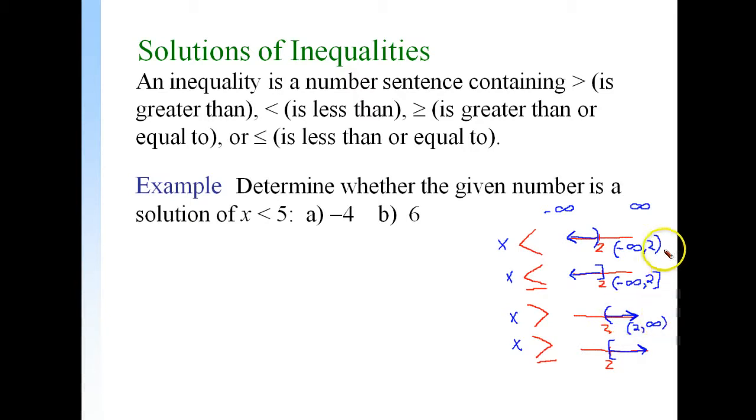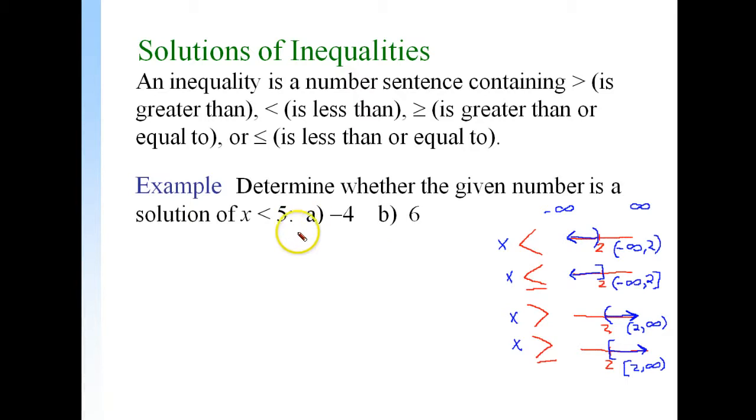Again, infinity always has a parenthesis. And this one, a bracket, 2, comma, positive infinity. Okay, so this is something I would have had on the board, and I did on the whiteboard when I did this lesson. And that's some background.